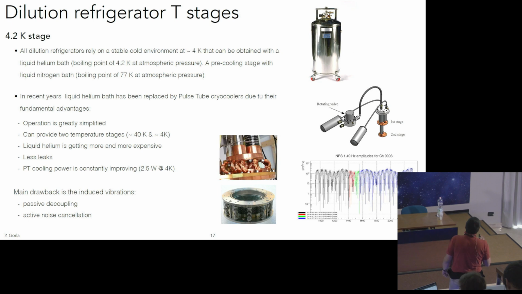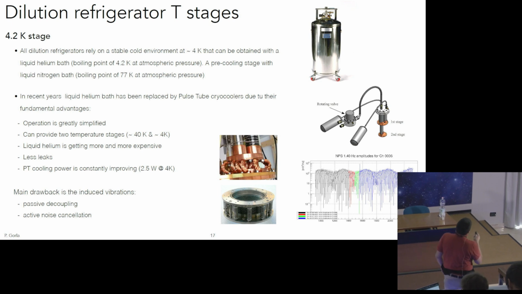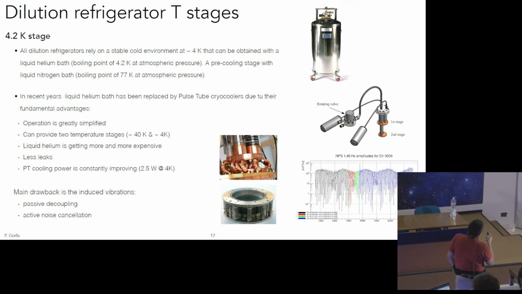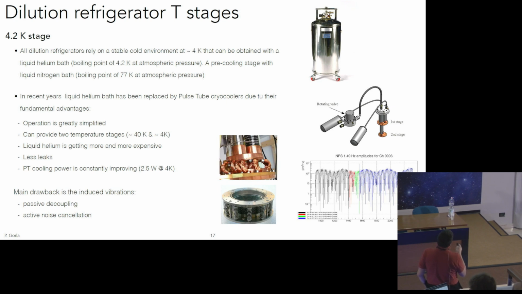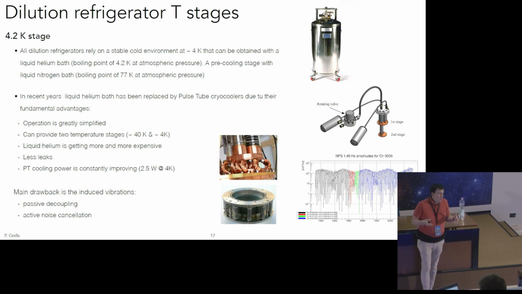The advantage of pulse tube is that it's actually a double stage system, so you have two expansion volumes, but the basic idea is that you have an expansion volume, the tube, and a rotating valve, which is connected, this part here, to the high pressure and low pressure. So the rotation of the valve opens the communication of the tube to the high pressure side and the low pressure side.